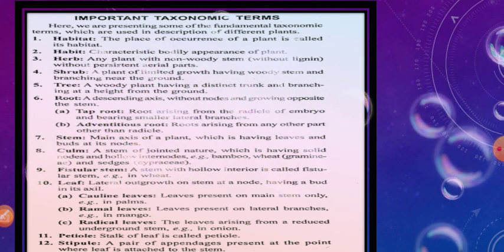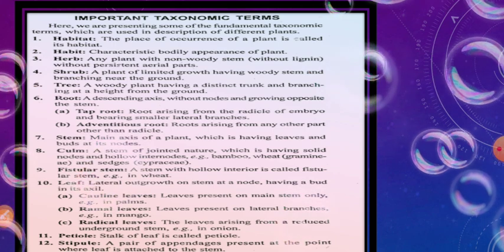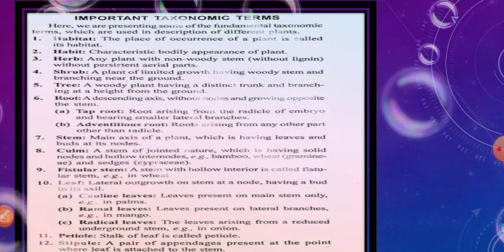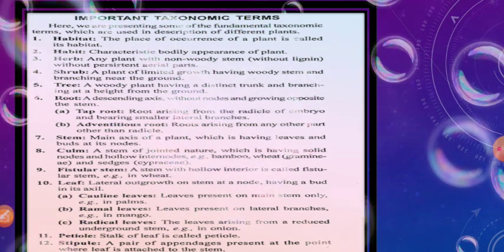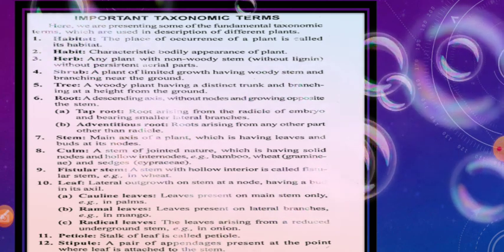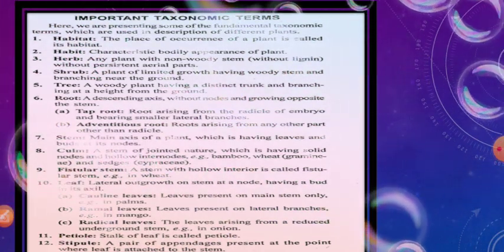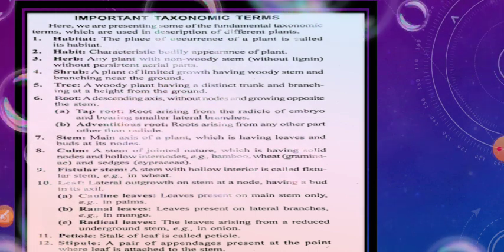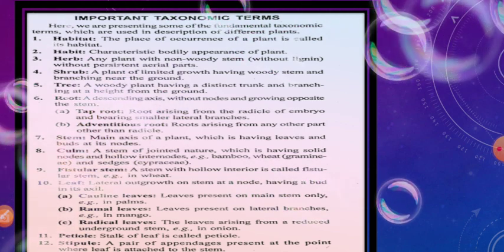Fistular stem means a stem with a hollow interior, as in wheat. Then leaf: a lateral outgrowth of the stem at a node having a bud in its axil. It is of various types: cauline leaves, ramal leaves, and radical leaves. In cauline leaves, the leaves are present on the main stem only.